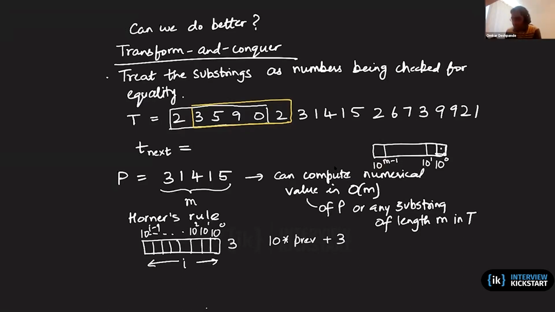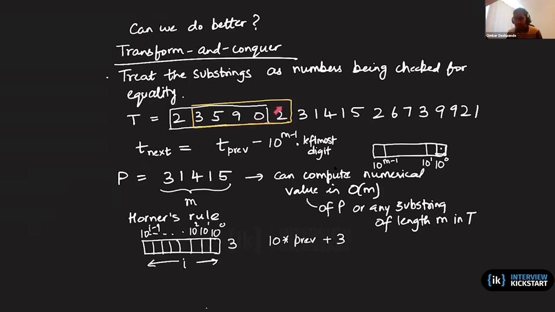So that's the first step. The next value would be whatever the previous value was, from which we subtract 10 to the power m minus 1 times the leftmost digit in that previous window. That will give us the numerical value of these characters.